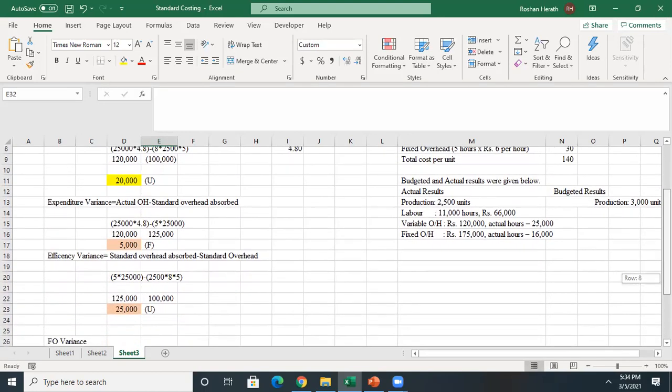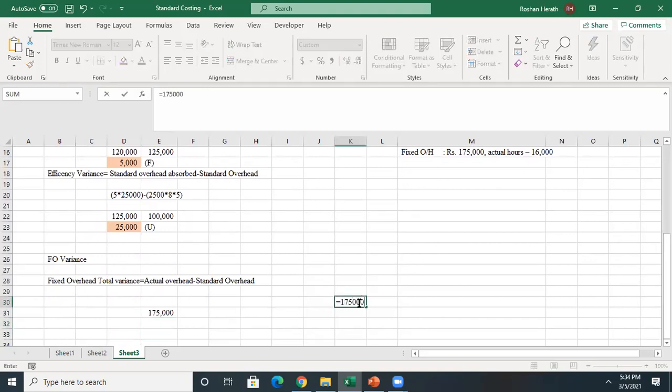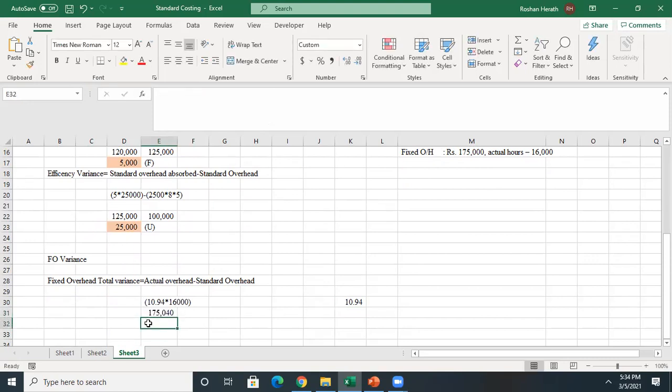Actual hours 16,000. 175,000 divided by 16,000 is 10.94, right? It's 10.94 into 16,000 hours. So that's how you would have taken the actual one. Let's try that. 10.94 into 16,000 is 175,040. It's a rounding one. We can take it as 175,000.